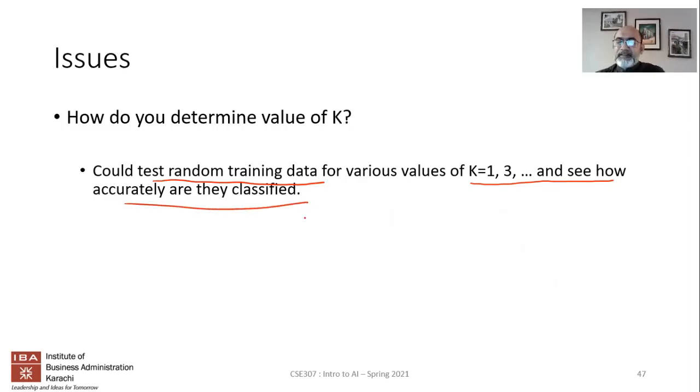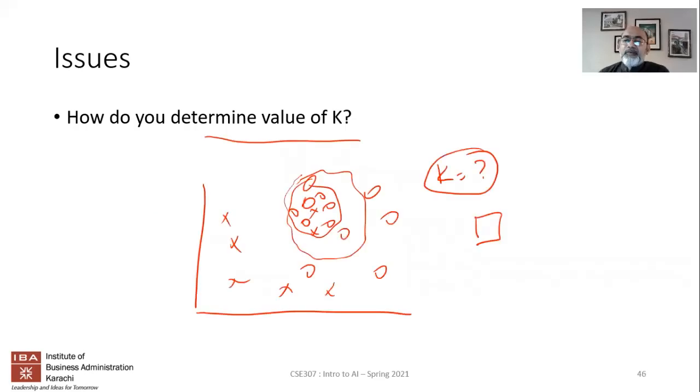Now you can see how powerful this suggestion is. In order to determine the value of k, you could partition your data. Let's say you have 100 data points. You take 80 of those to be your training, and you take 20% of them to be your test cases.